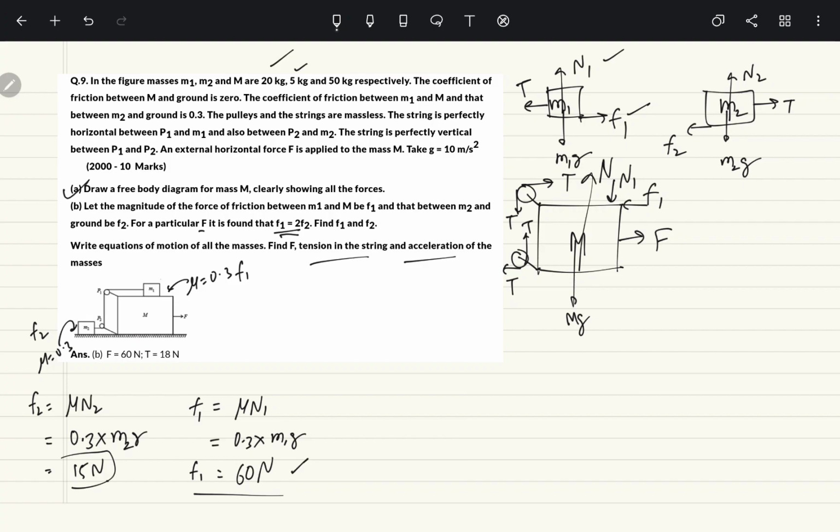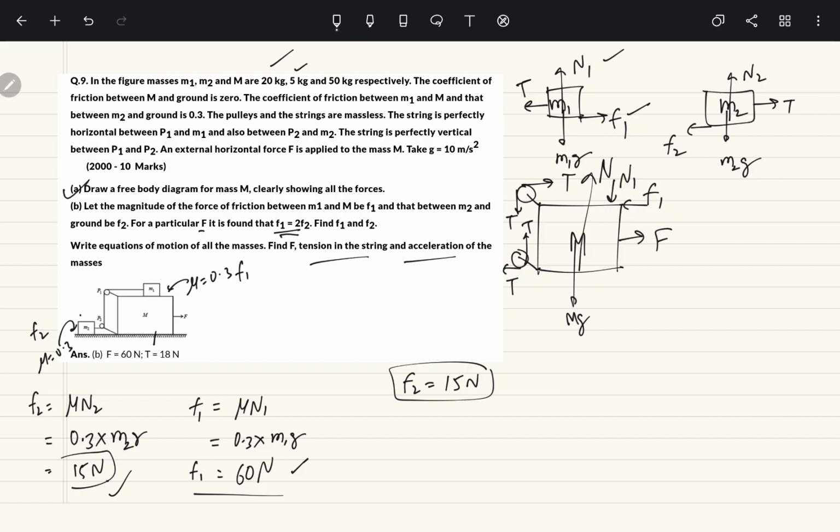The system will obviously move because there is no friction between M and the ground, so m2 will also move, and on m2 the friction will be 15 Newton. Because the system is moving, kinetic friction and limiting friction are both the same. So the value of F2 is clearly 15 Newton because m2 is moving.